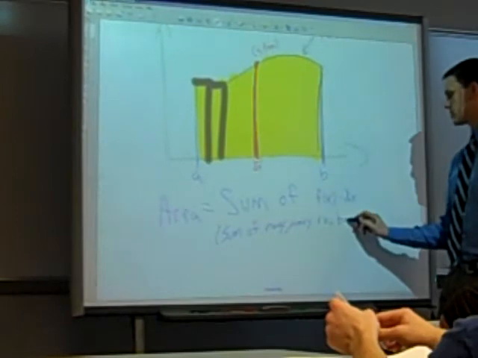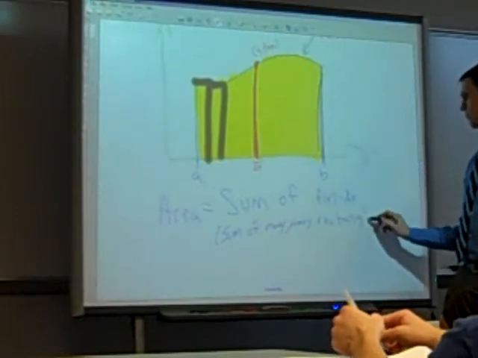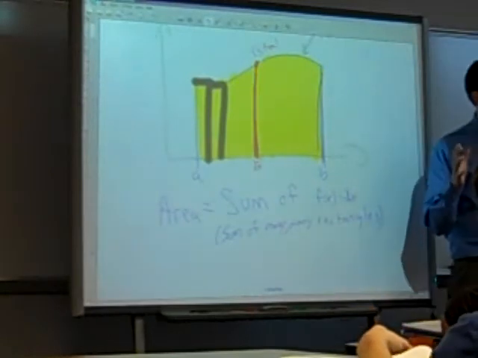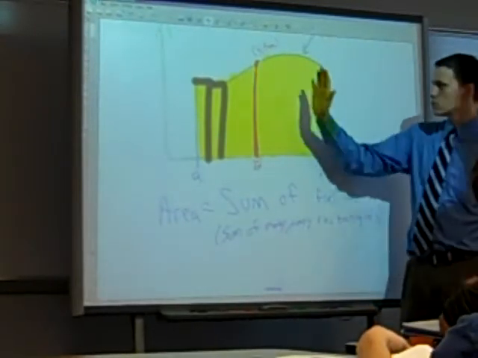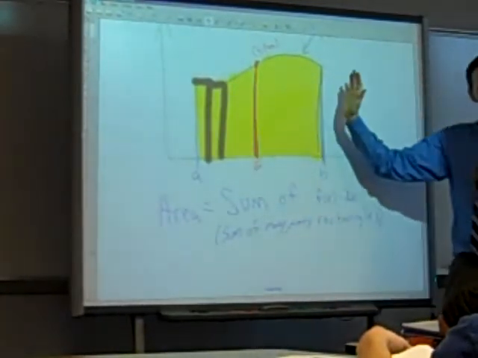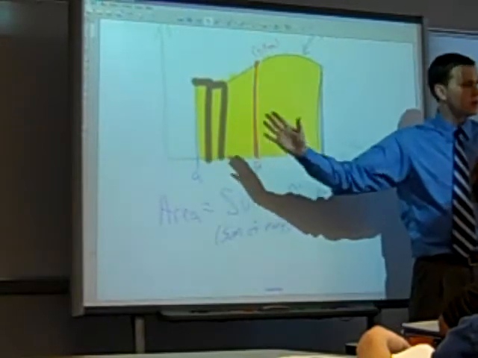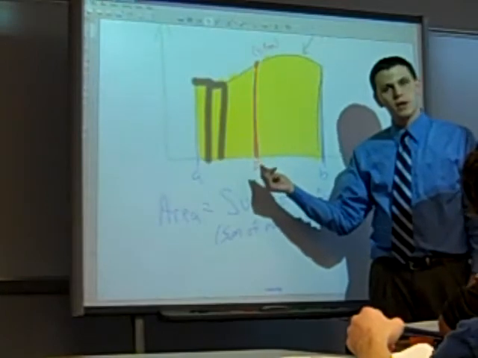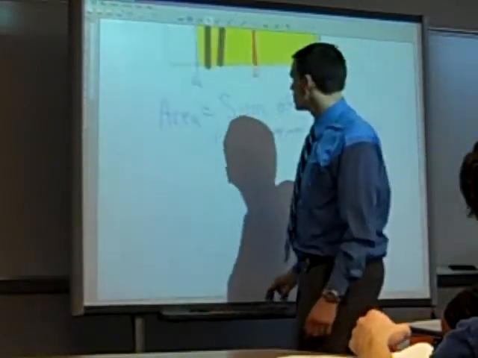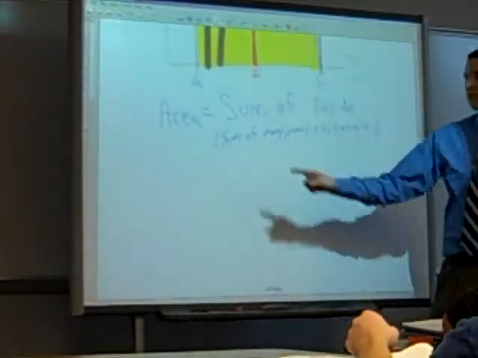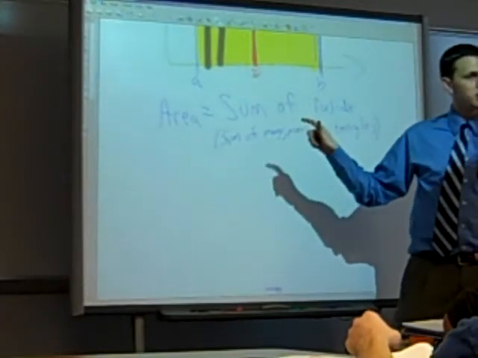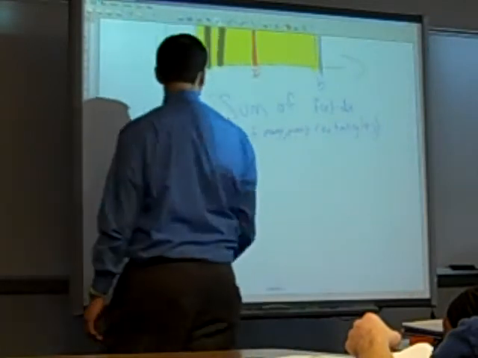So I'm doing this in a very non-rigorous way, okay? But I want you to understand the concept. If you have all these really skinny rectangles lined up next to each other, you have an infinite number of them, at the limit as your base goes to 0. Throughout history, this S, to denote the sum of all these rectangles, became elongated.